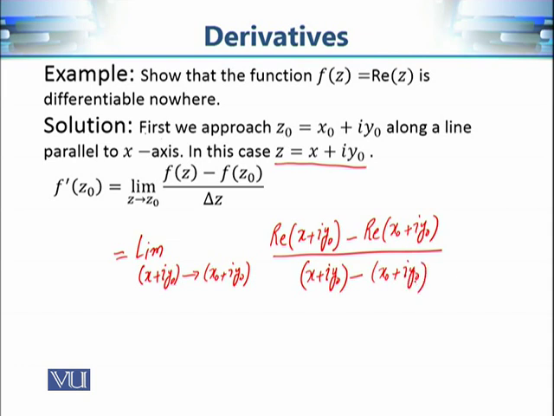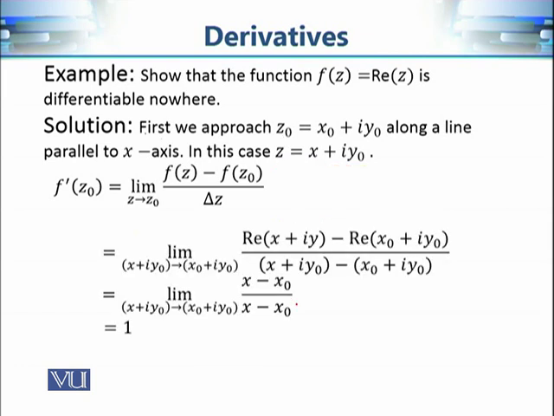Now cancelling out and simplifying, the real part of the first is x, and the real part of the second is x0. So in the numerator we have x minus x0, and in the denominator we have x minus x0. When we cancel these out, the limit is equal to 1.